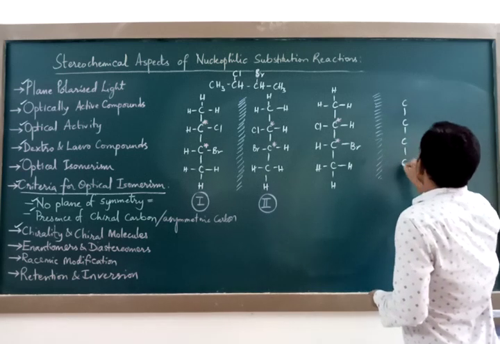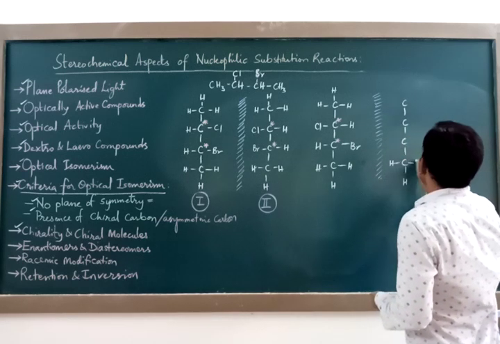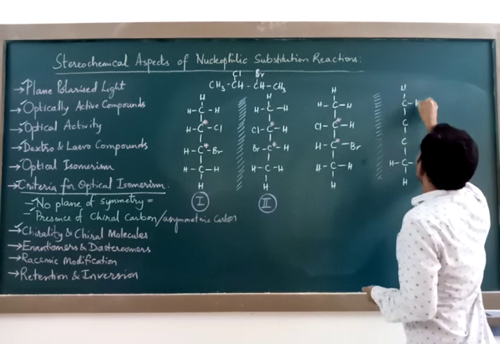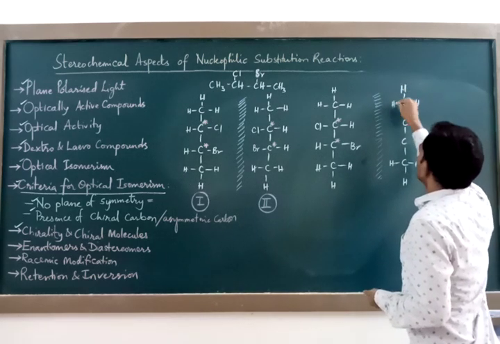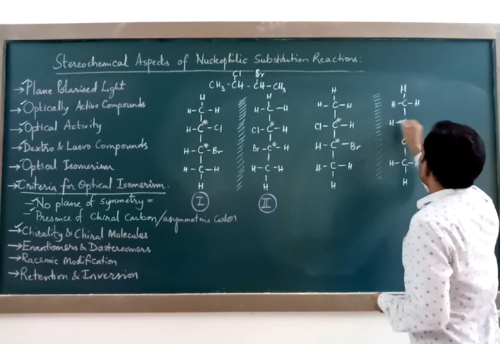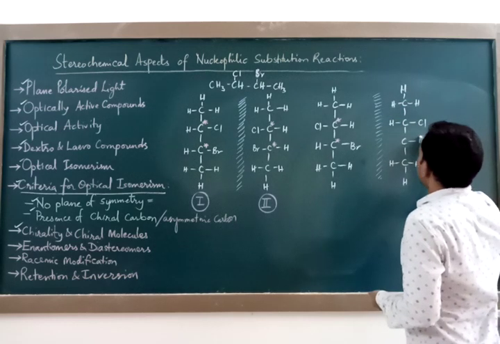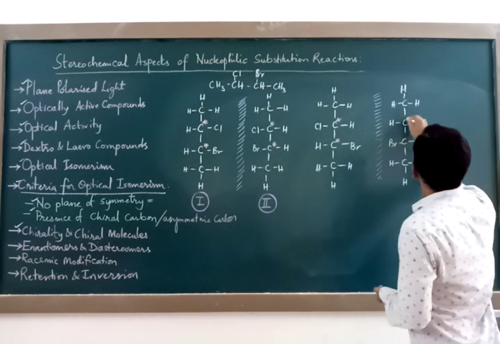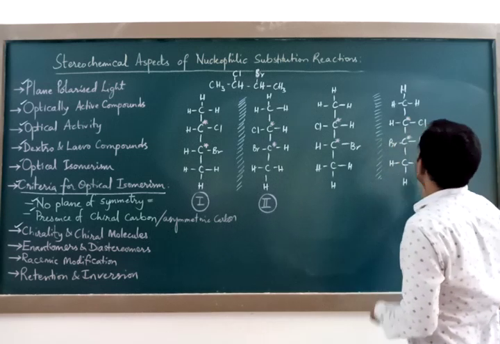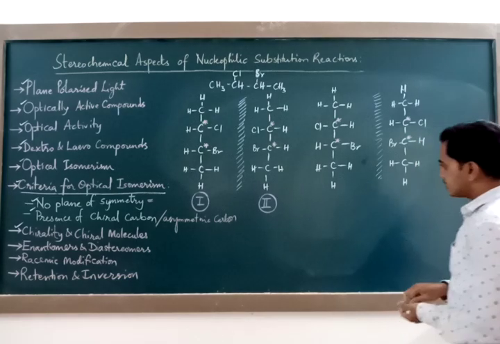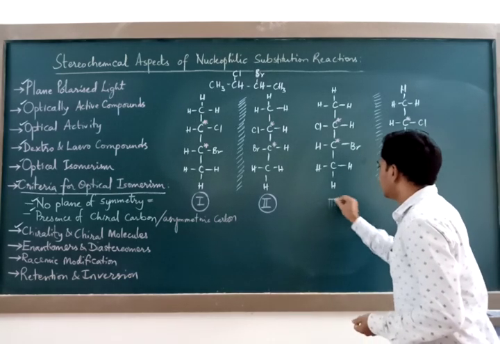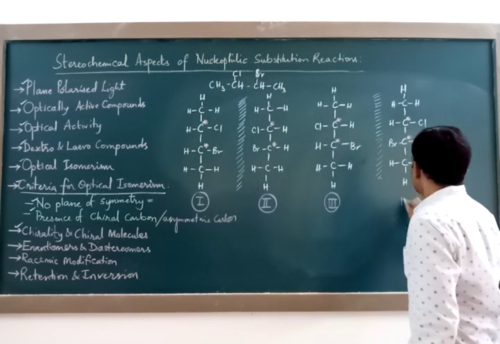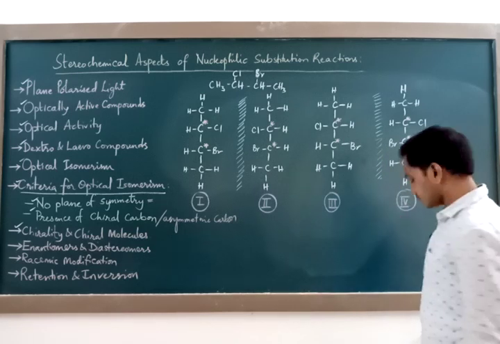Again 4 carbons, last carbon 3 hydrogens, first carbon 3 hydrogens, middle carbon, this side hydrogen, this side chlorine, this side hydrogen, this side bromine. The middle 2 carbons, second and third carbons, are asymmetric. Let us say this is the third isomer, this is the fourth isomer.